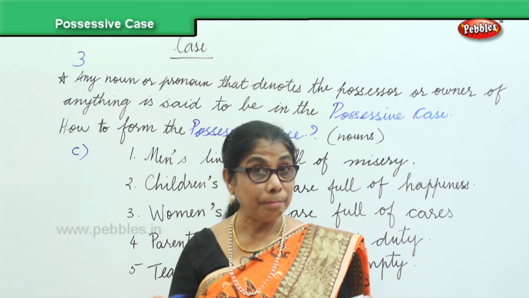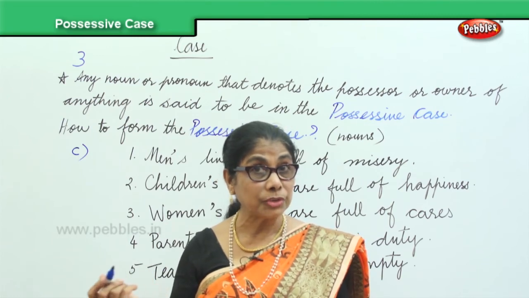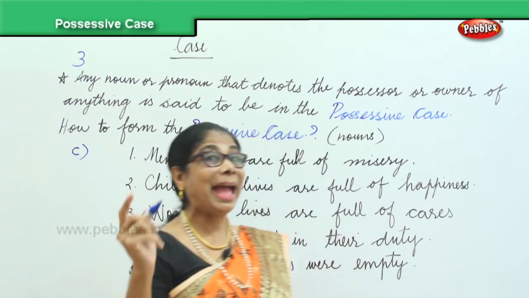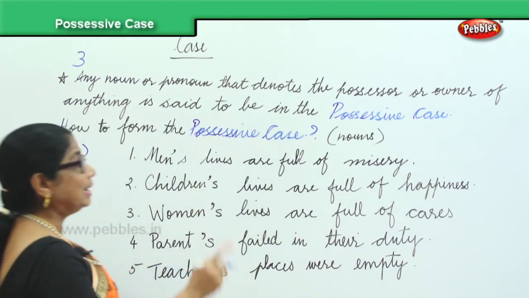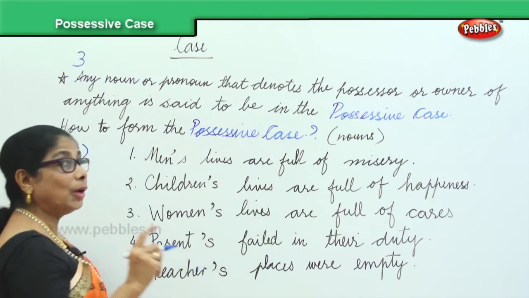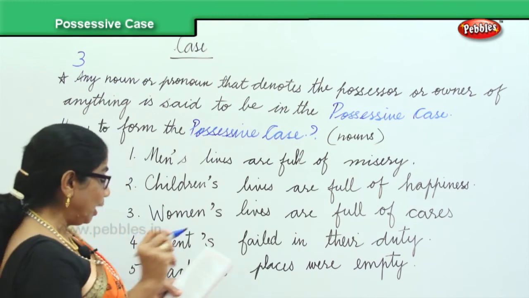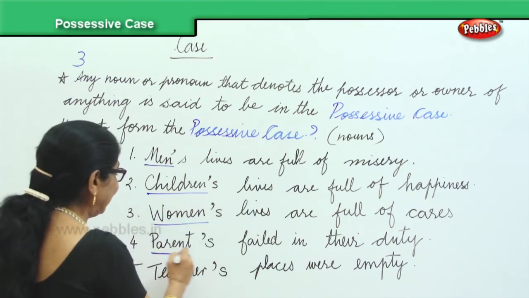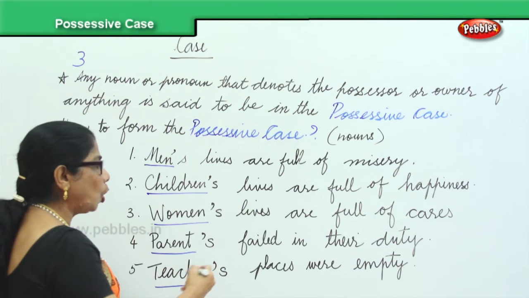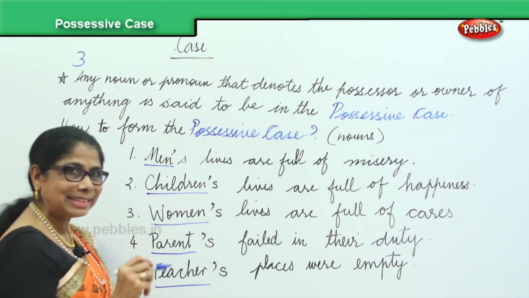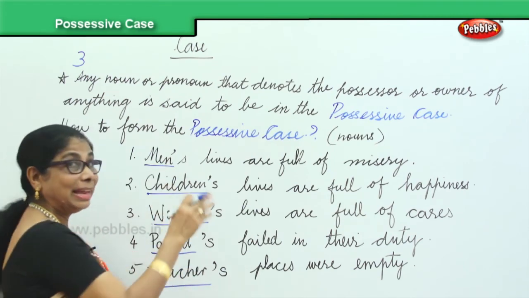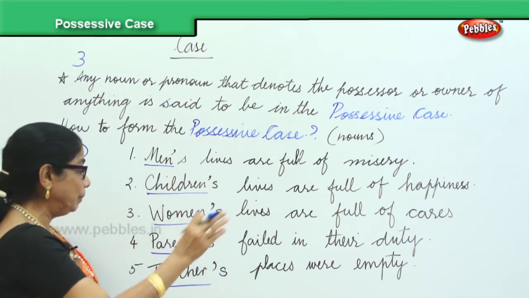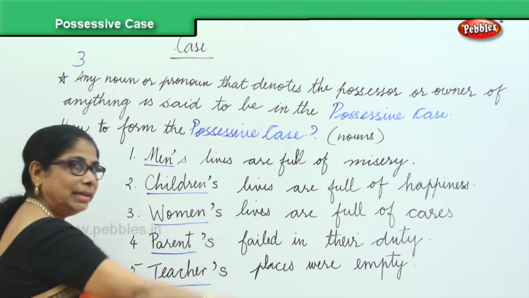You will say many girls' books are lost. After the girls, you put an apostrophe and we form the possessive case. Now, in the third case, you have all plural. You have the men, the children, the women, the parents, the teachers, all are plural. And in this case, you don't say one man; many men, many children, many women, many parents, many teachers.